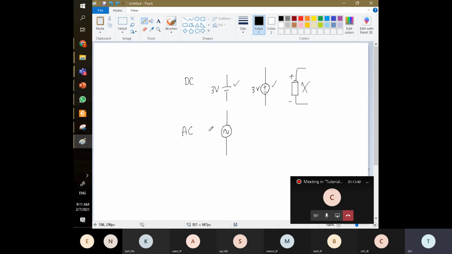For example, in Malaysia, the power coming out from our wall socket from TNB is AC, as you know, not DC. It's 240 V, actually RMS. We'll talk about this later.